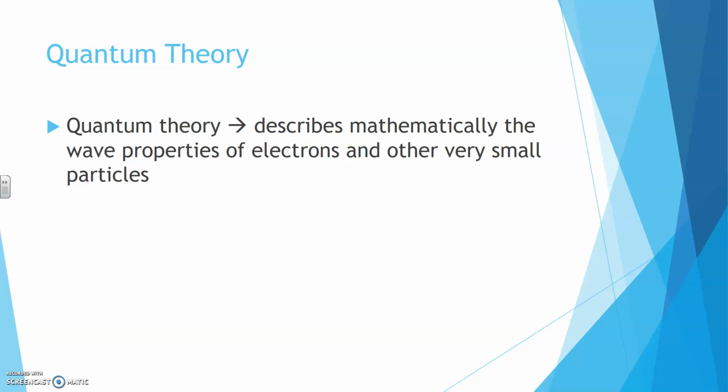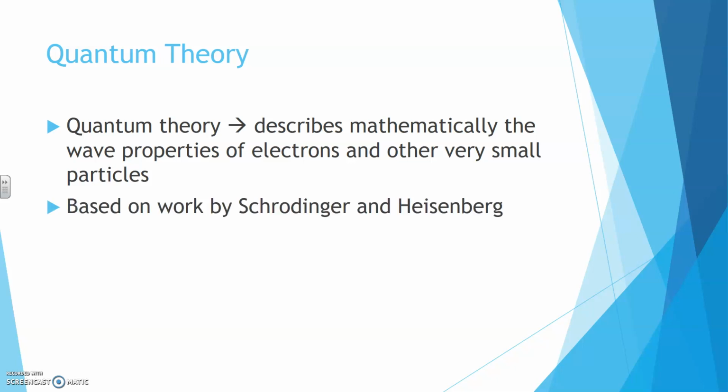Anyway, we are mostly going to talk about a couple of the theories that go into the quantum theory. It is based on work by both Schrödinger and Heisenberg. You might have heard of both of them, especially if you watch The Big Bang Theory.